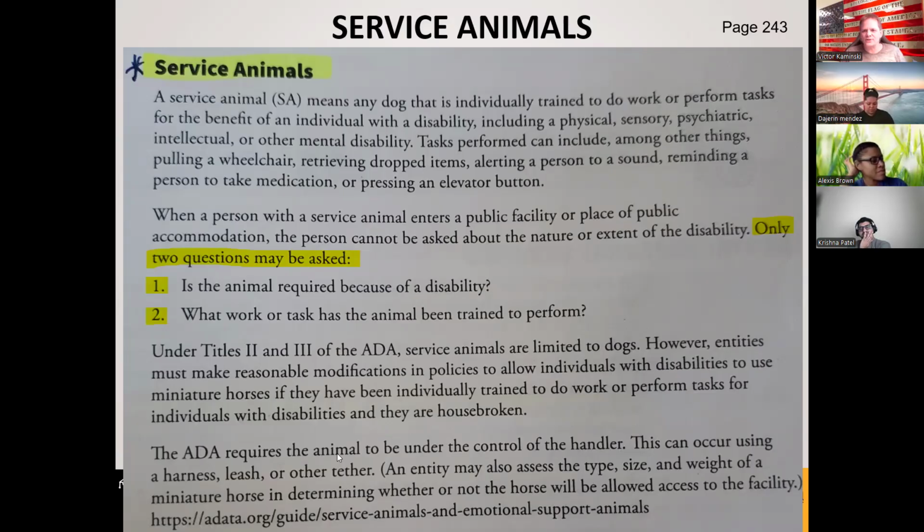I know they're miniature horses, but they're probably going to be weighing more than you, right? And the ADA requires animals to be under the control of their handler. This can occur using a harness, leash, or other tether. An entity may also assess the type, size, and weight of a miniature horse in determining whether or not the horse will be allowed into a facility.